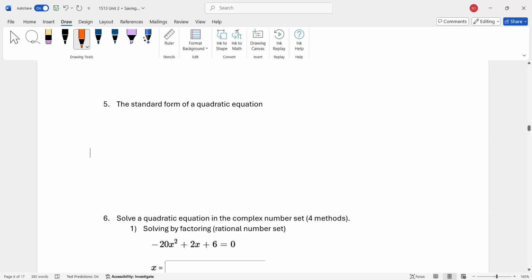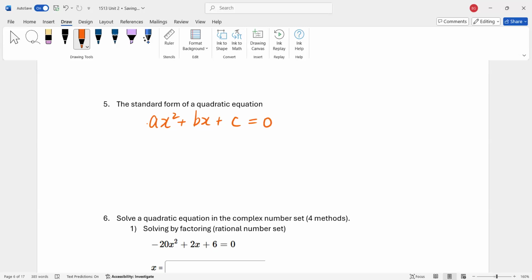We need to know the standard form of a quadratic equation, because most of the time, the first step when you need to solve a quadratic equation is to rewrite the equation in standard form. What's the standard form? This is the standard form.